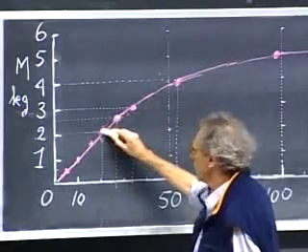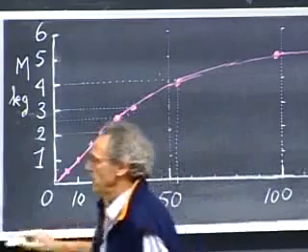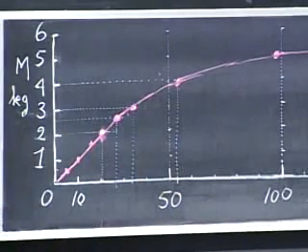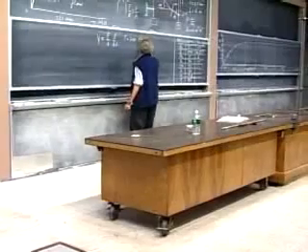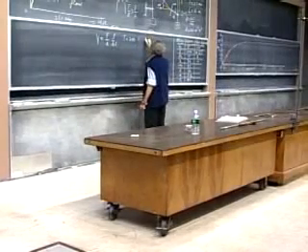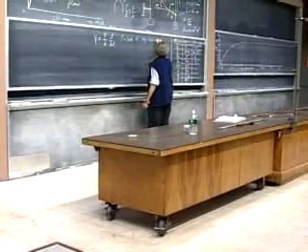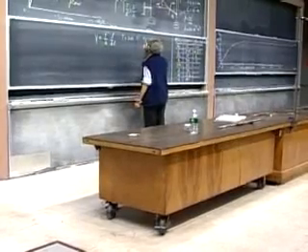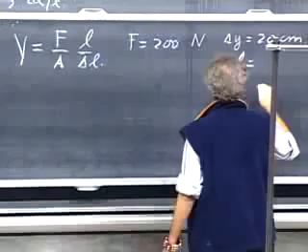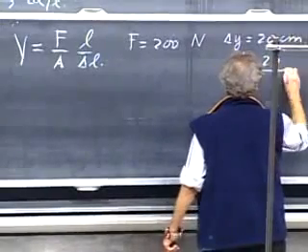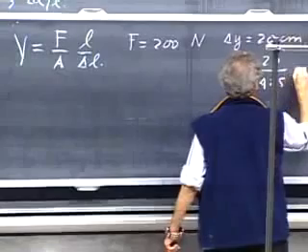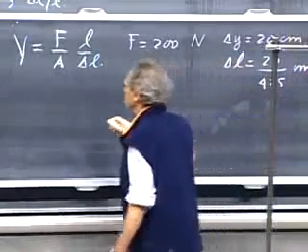So I will use 2 kilograms and 20 centimeters. I will use this point. So F equals 20 newtons. And then we have delta Y equals 20 centimeters. And so that means delta L equals 20 divided by 425 centimeters.